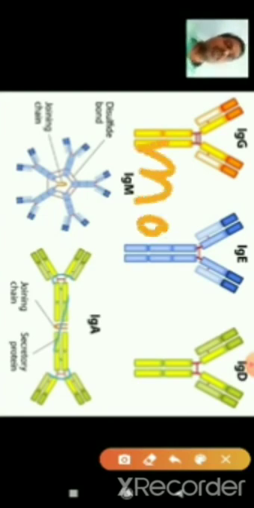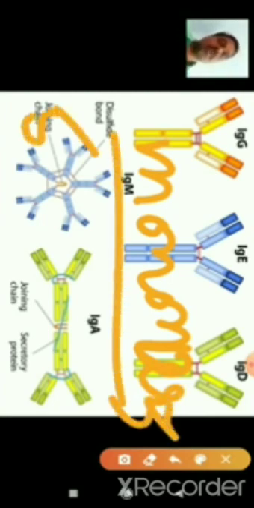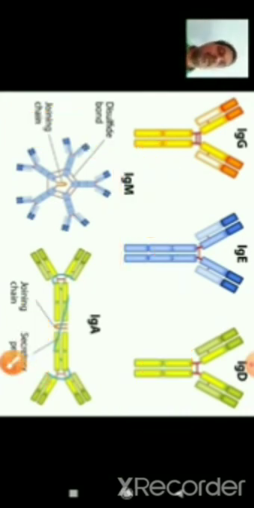So these are monomers, these are pentamer and these are dimer. These are the types of antibodies, and we observe the characters of each antibody.